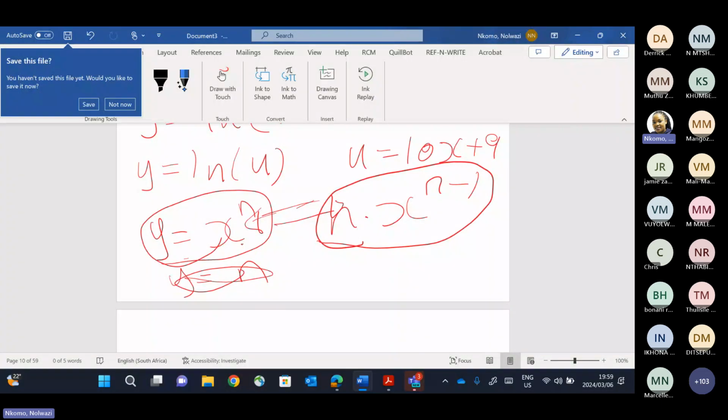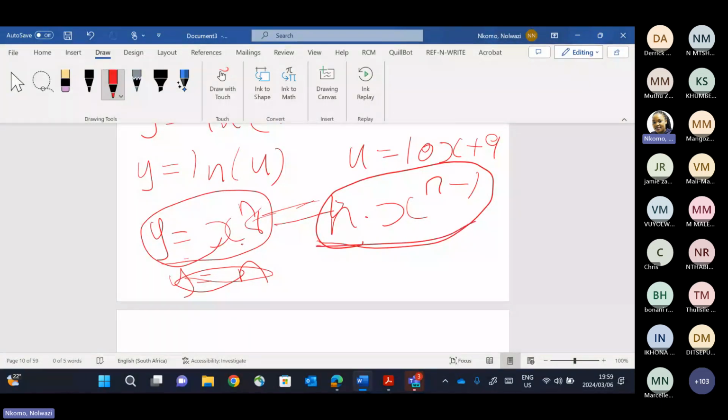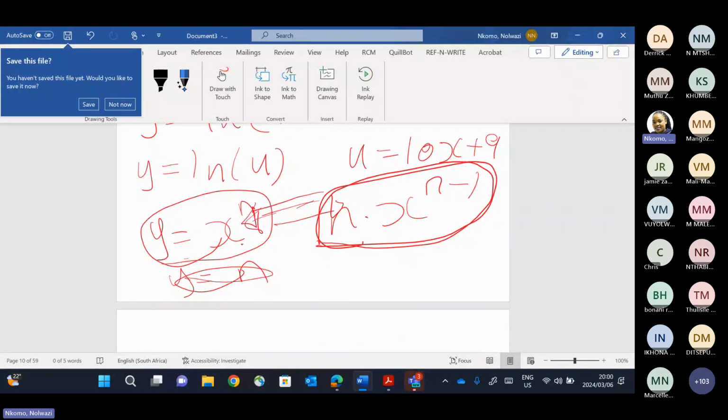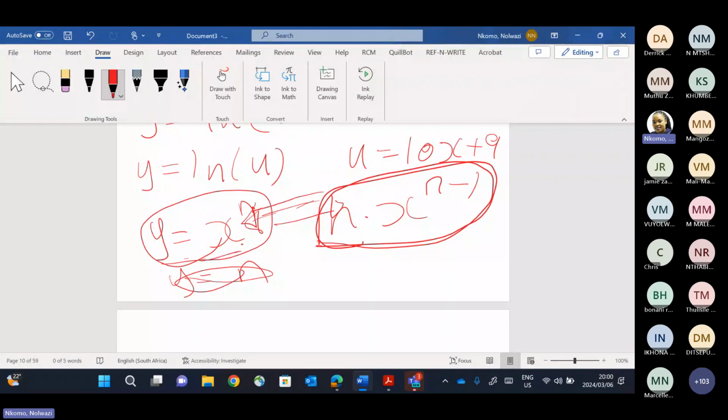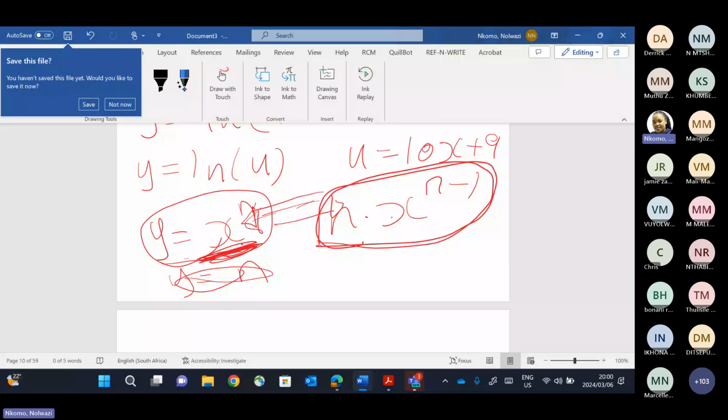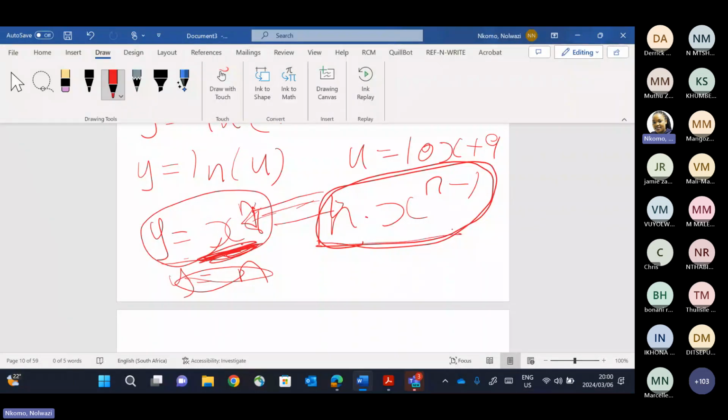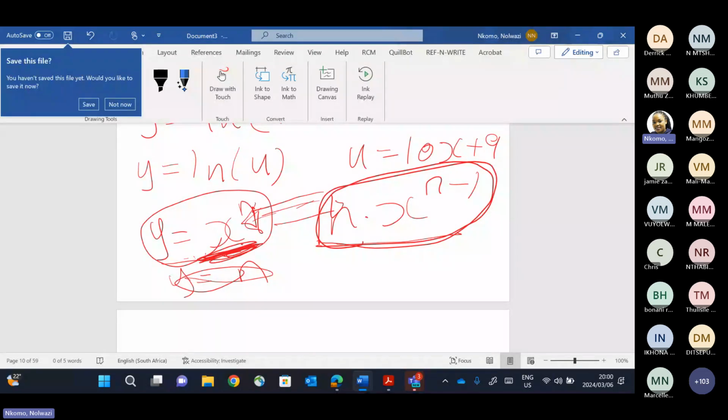The section after that, you'll be given this and asked to go back to the original question, not knowing what the original question was. So you have to make sure you master this section.